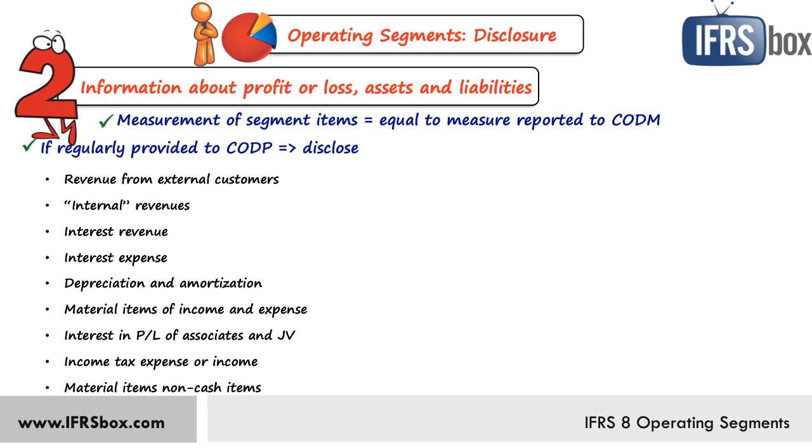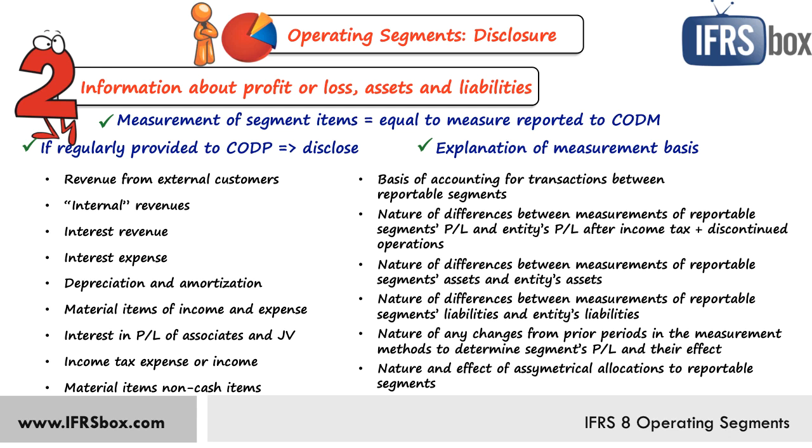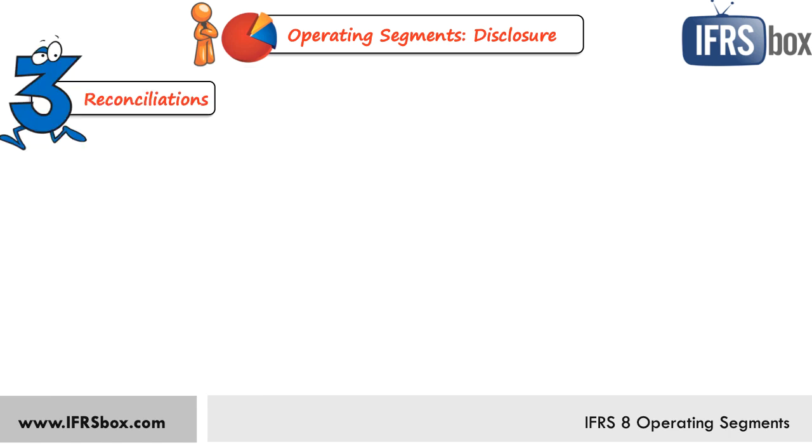On top of it, you should also provide an explanation of the measurement of segment profit or loss, segment assets, and segment liabilities for each reportable segment, and especially the basis of accounting, the nature of any differences between the numbers reported in segment information and total numbers in profit or loss, and you can see all the necessary disclosures here. The third category of the disclosures is reconciliations.